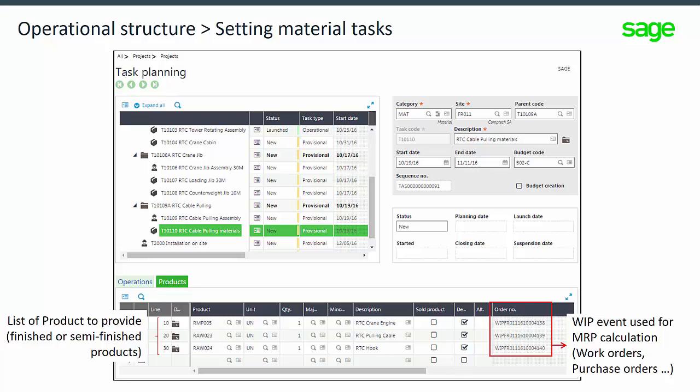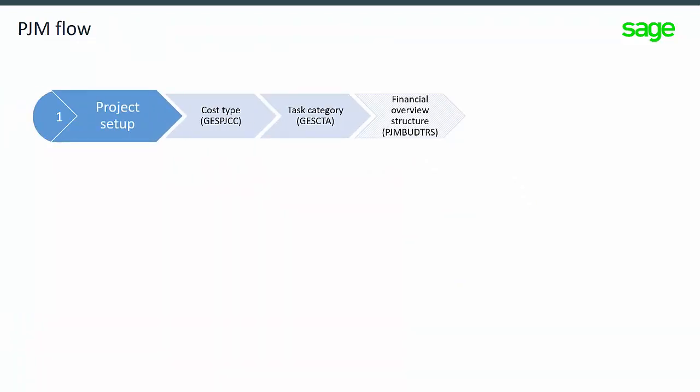If the products launched are semi-finished products, it should also be possible to execute the assembly directly from the tasks. This flow is supported by common data such as customers, if not an internal project, products, work centers, and user records.